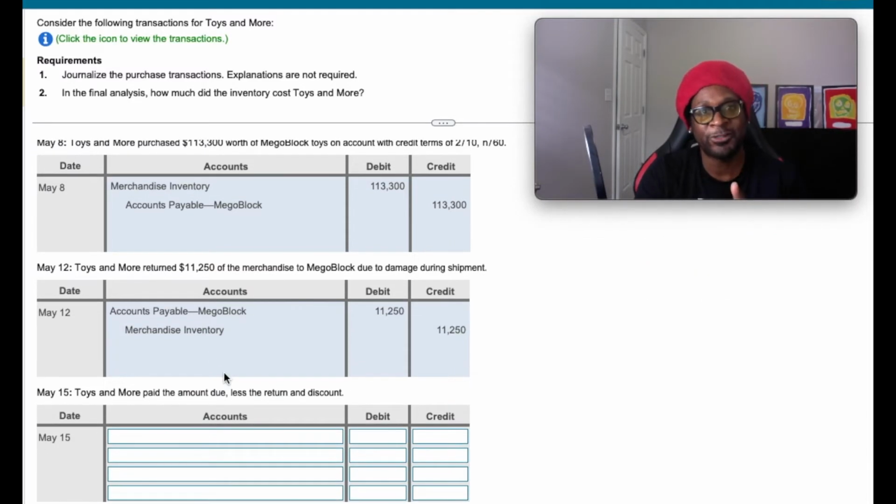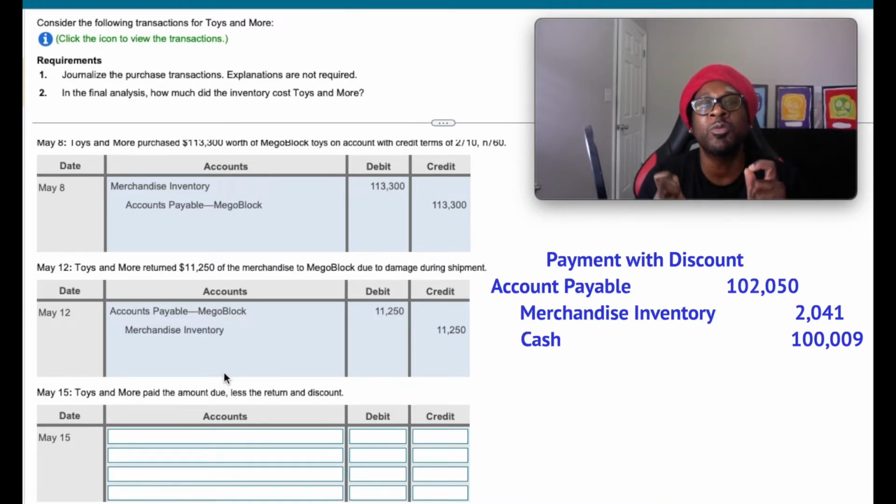So, first things first, we need to remove accounts payable off the books at the gross amount, the initial amount. So we're going to debit accounts payable for the gross amount of $102,050. Once we do that, we're going to credit the cash for which we have to make the payment.